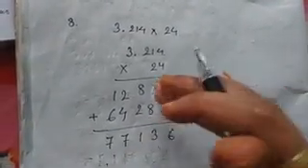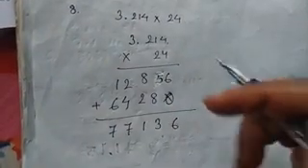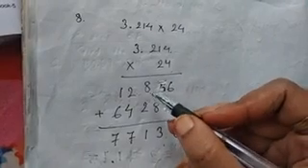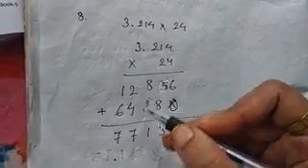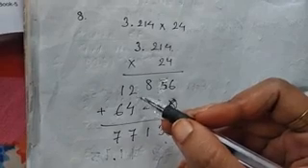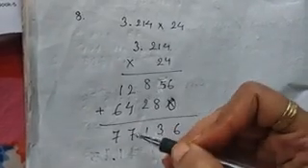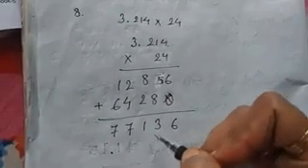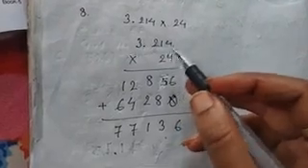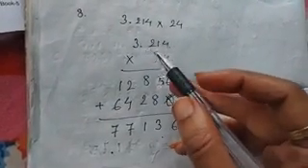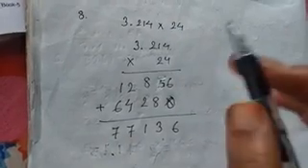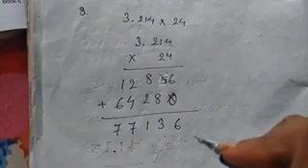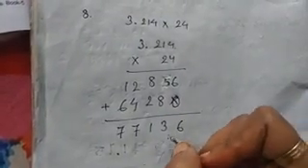Now we'll add both the steps. 5 plus 8 is 13, carry 1. 8 plus 2, 10, plus 1, 11. 4 plus 2, 6, plus 1, 7, and 6 plus 1, 7. So the number is 77136. 3.214 has 3 places of decimals, so in the product, decimal will be placed after 3 digits from the right.